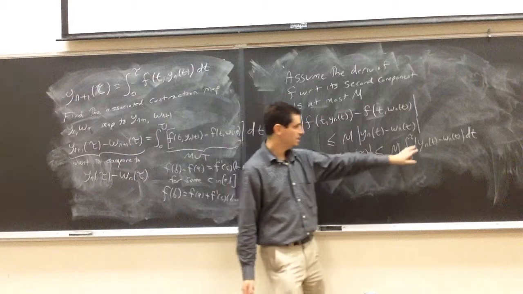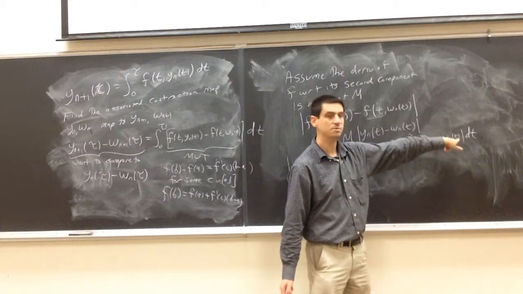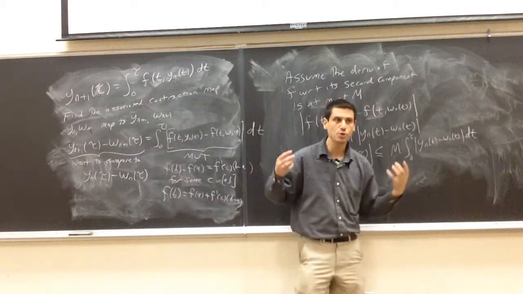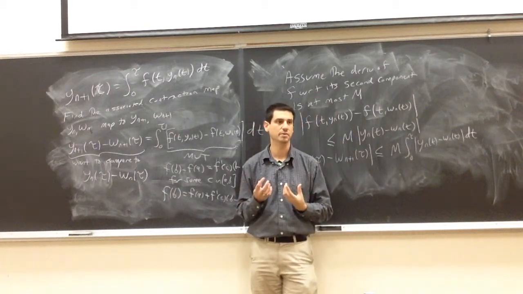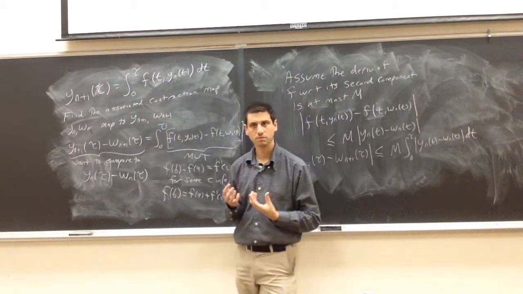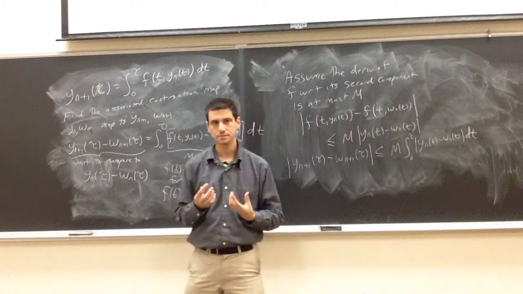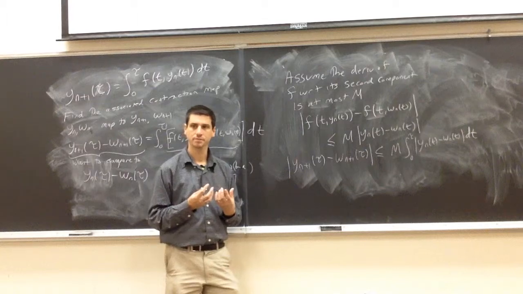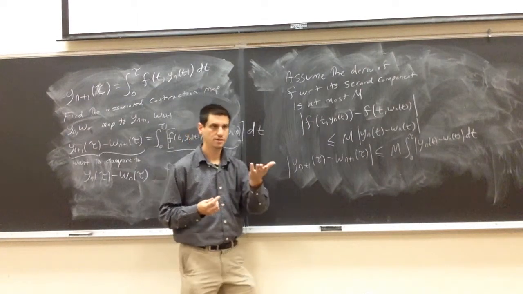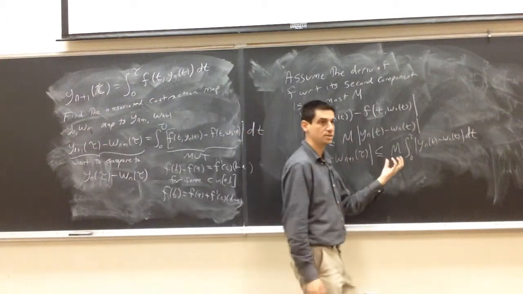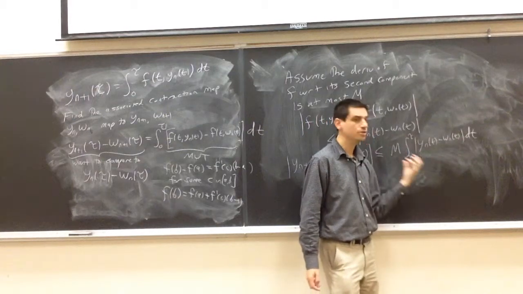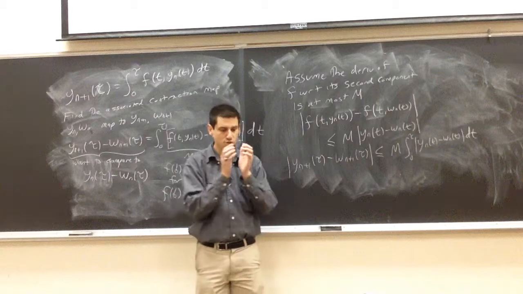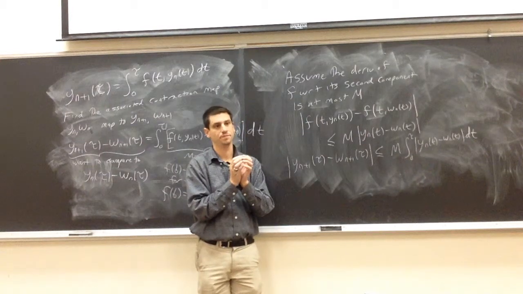This integral should be bounded by the maximum value of this difference times tau times m. So what would you want to be true about tau times m? You would want it to be less than 1. And so this will lead to a solution to differential equations in small intervals about the origin.